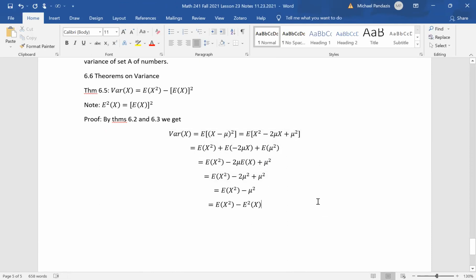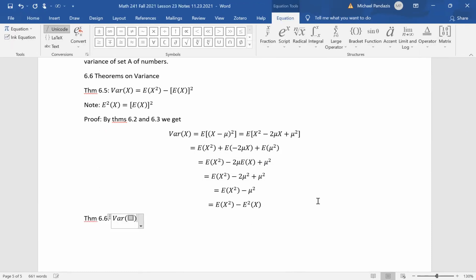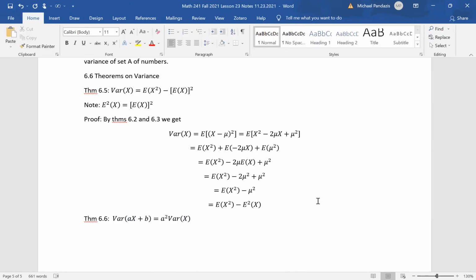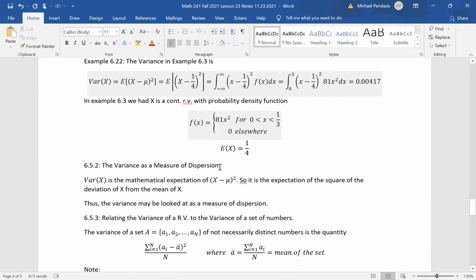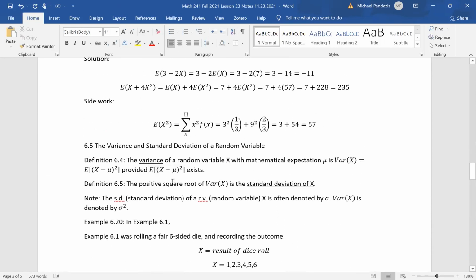Okay, so then theorem 6.6 says that the variance of AX plus B is equal to A squared times the variance of X. By definition of variance and the corollary to theorem 6.4, we get, so the corollary to 6.4 was the one with the polynomial.